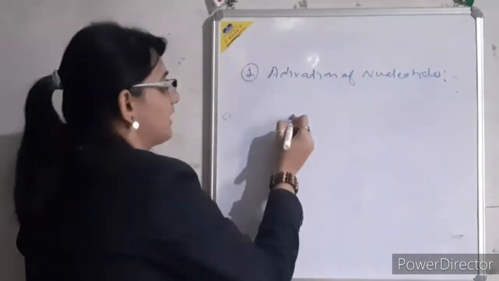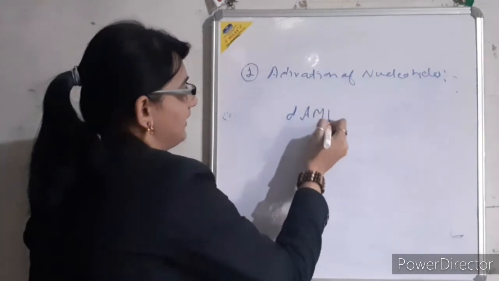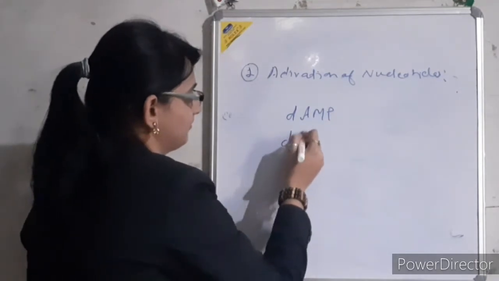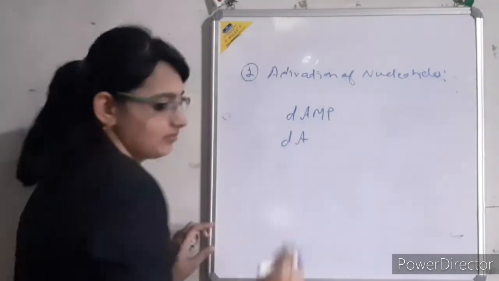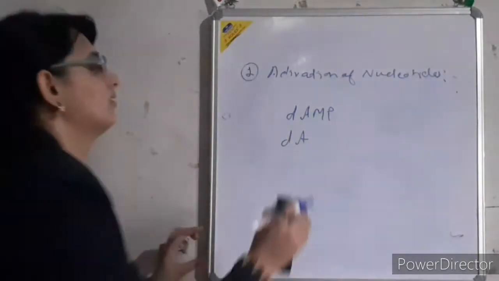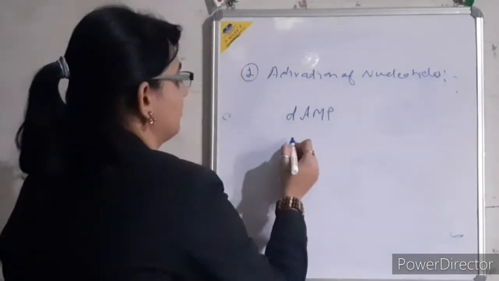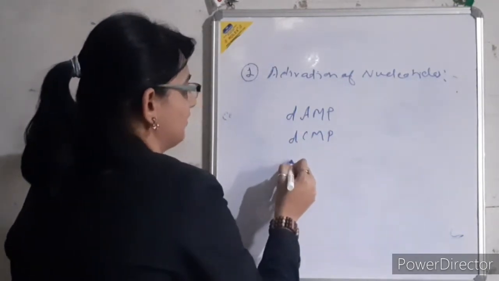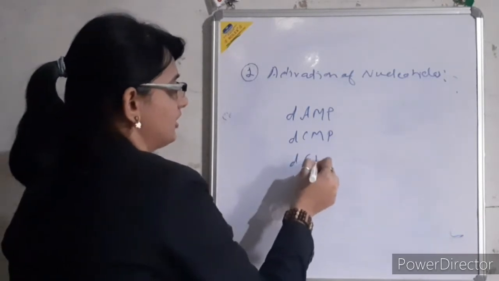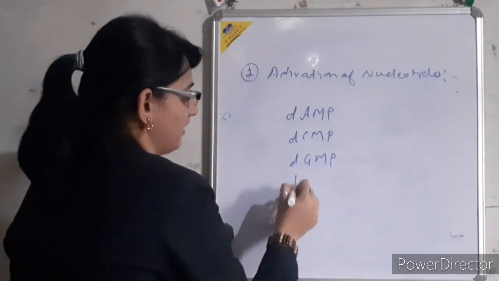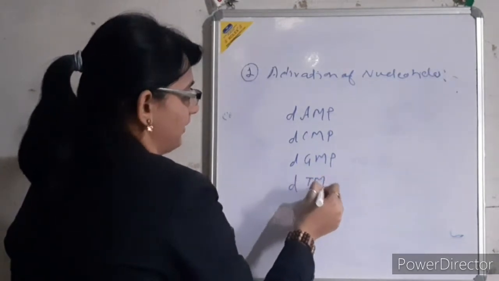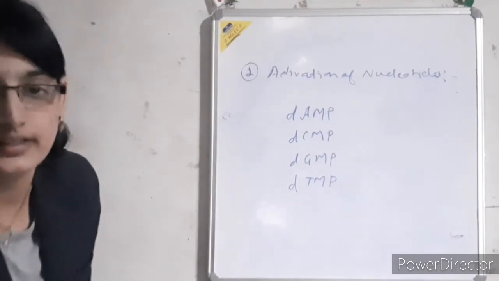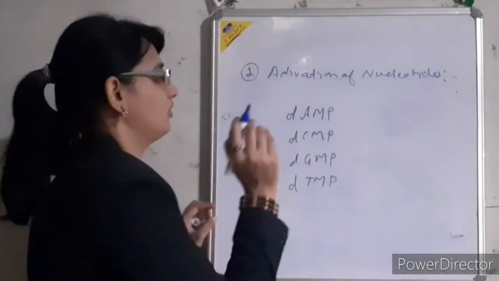That means they are dAMP, deoxyadenosine monophosphate, dCMP, cytosine monophosphate, dGMP, guanosine monophosphate, and dTMP, thymine monophosphate. These are the inactive forms of the nucleotides.